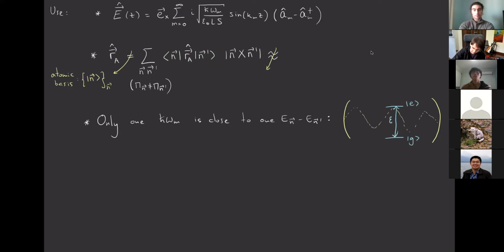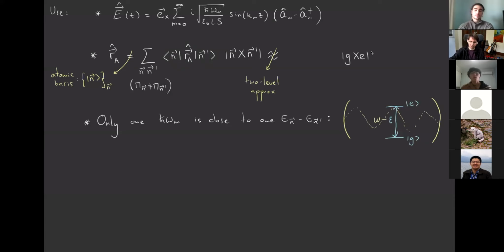So what I am saying is that there is only a single omega that is more or less equal to epsilon. Then in this situation, just like we have seen in the previous chapter, we are able to do what we will call the two-level approximation, in which out of all the atomic states, we only care about two: one ground state and one excited state.